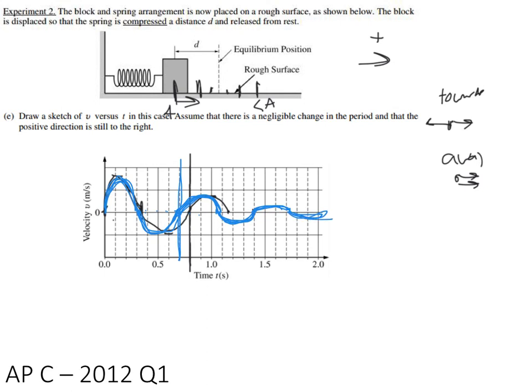Alright? So you get 1 point for basically realizing that the period should still be the same, that it should end up making one complete cycle every 0.7 seconds. You get 1 point for realizing that the graph starts at 0 and then goes initially positive. And then 1 point for realizing that the oscillation is damped.